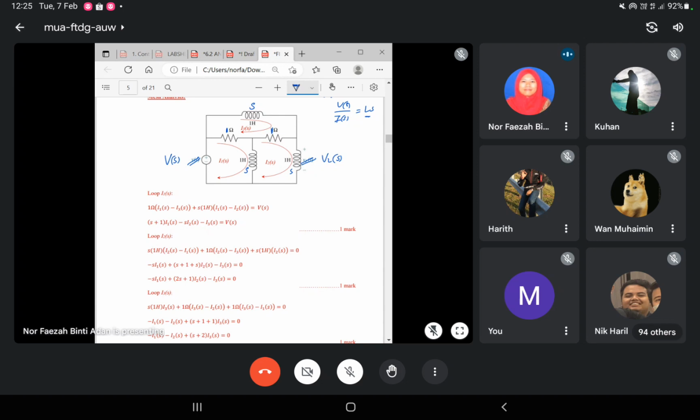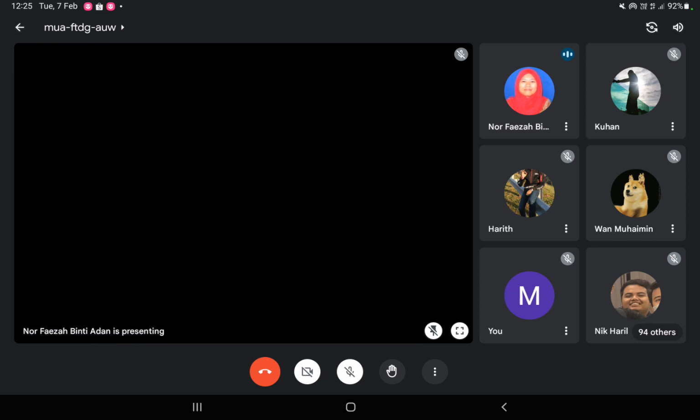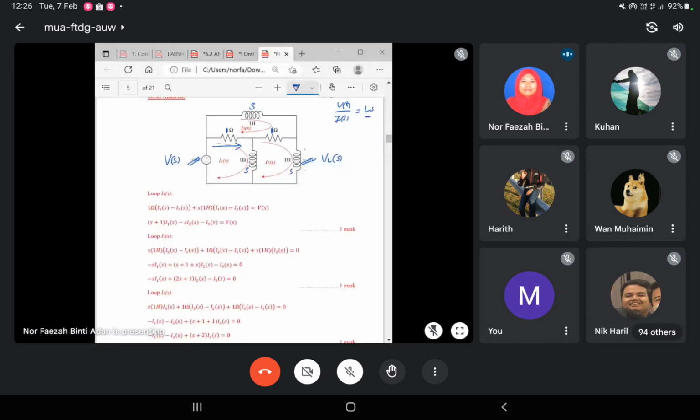Okay, first step, loop number 1. Voltage drop over here, 1 darab dengan I1S. Dia dah tolakkan dengan current sebelah atas.